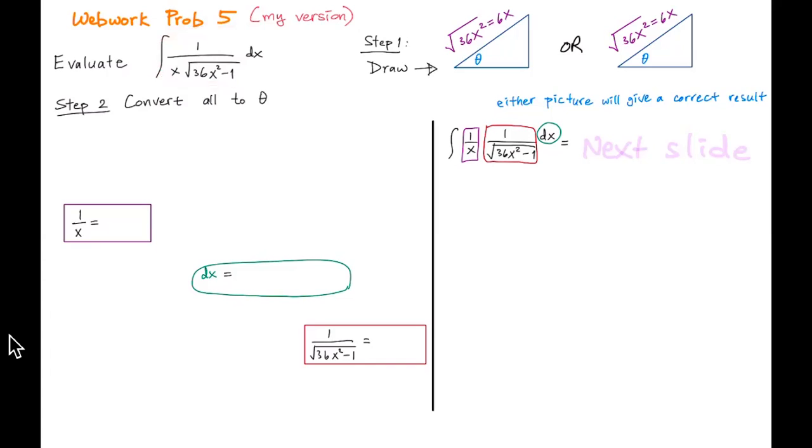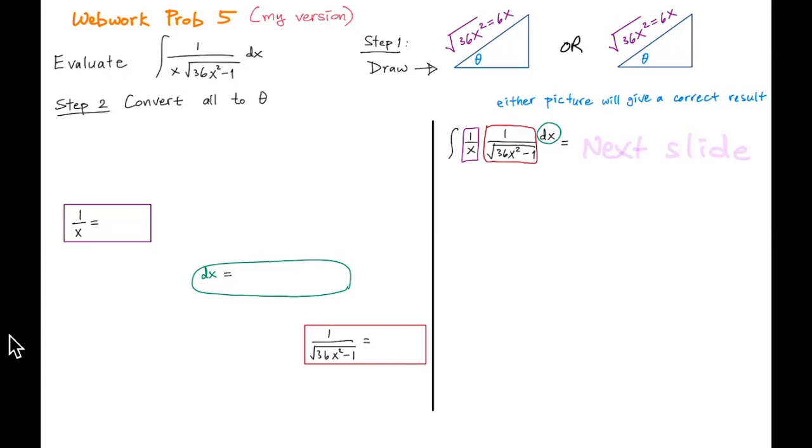I see that I have this somewhat complicated looking value, square root of 36x squared minus 1. And what I can see is that because of this minus 1, I don't want to make this value my hypotenuse.